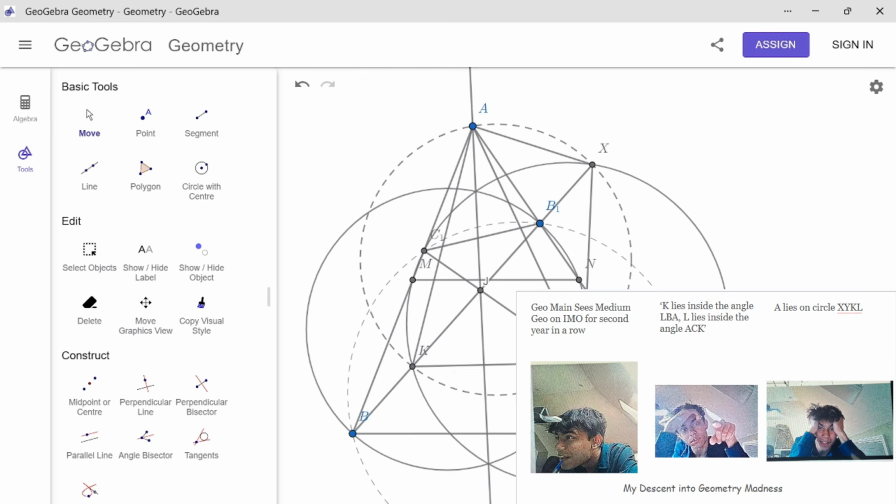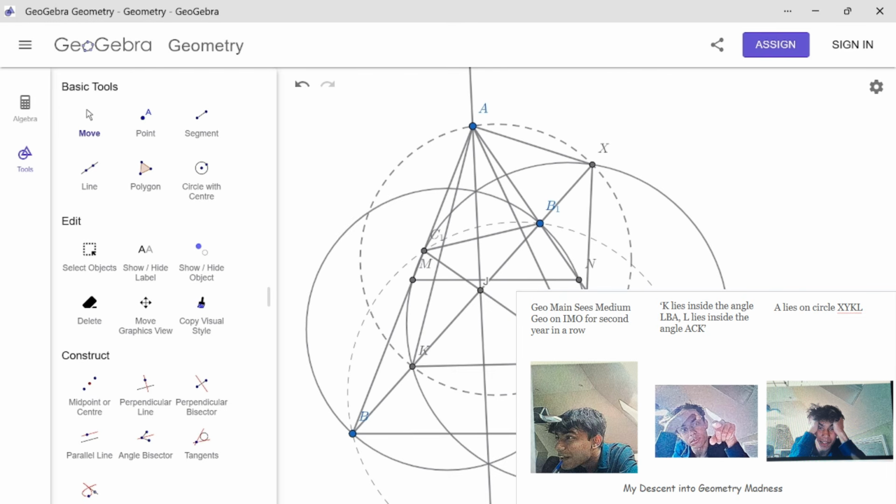Okay, do we know the power of B1? No, not to circle AKL, we don't. Do we know the power of B1 with respect to omega 2?